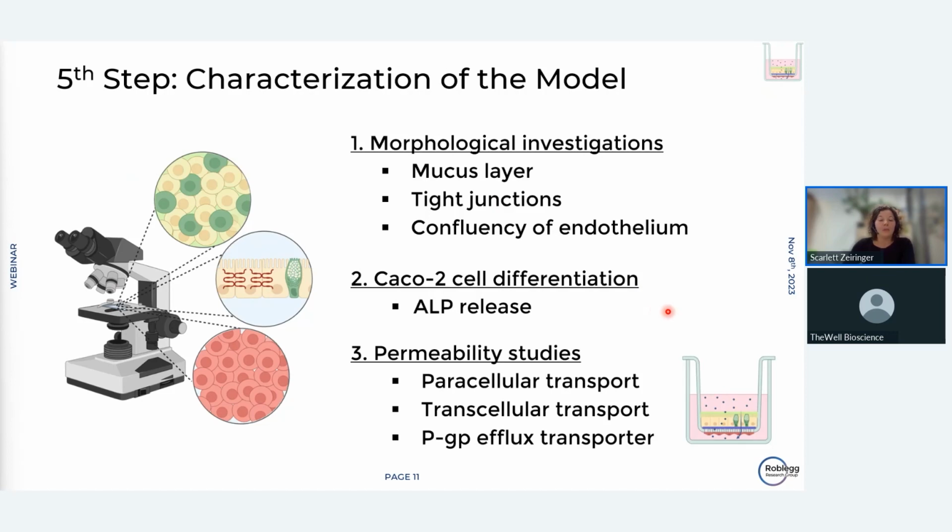And lastly, permeability studies were performed with regard to the paracellular transport route, the transcellular transport route, and lastly, the activity of the P-gp-mediated efflux transporter was investigated.